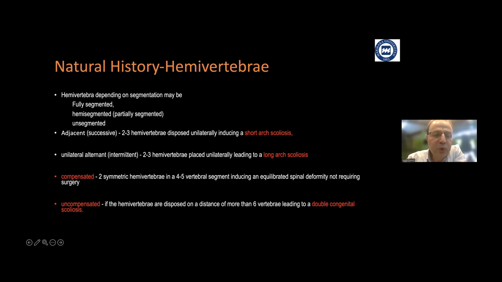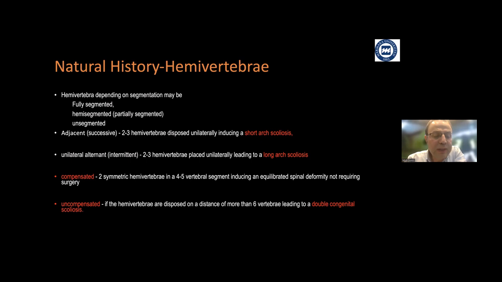For example, unilateral two or three hemivertebrae placed unilaterally lead to long arc scoliosis. And there is a composite, sometimes two symmetric hemivertebrae in a four or five vertebral segment inducing an equilibrated spinal deformity, not requiring surgery.